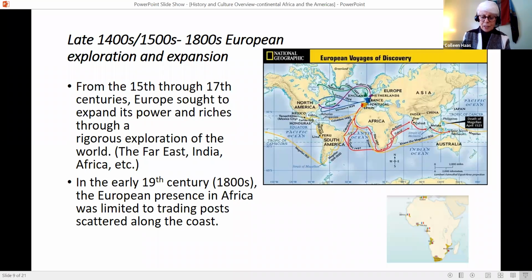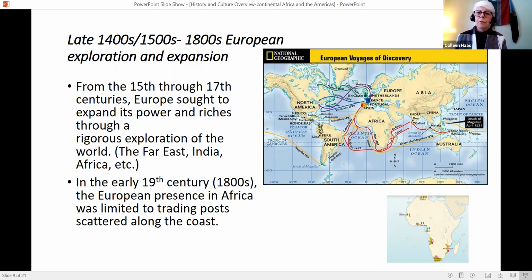The Middle Ages is known in Europe to be from the years 500 to 1500. And so we're kind of moving to what we saw earlier, and we'll talk about some medieval traditions that still exist in Africa. But now we're moving into what would be considered the end of the Middle Ages and into the early Renaissance period, for those of you that have studied European history or music history.